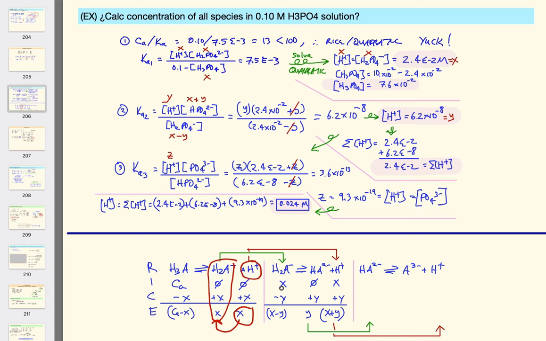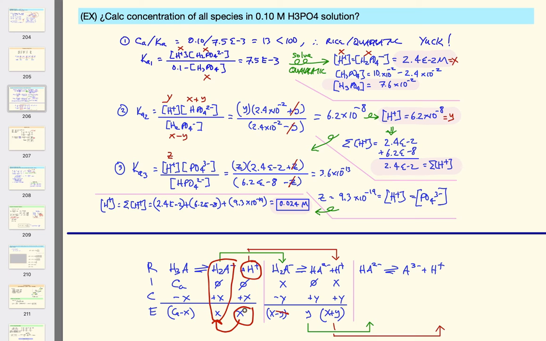Okay, now it's time for RICE equation number 2. Well, you know this species is going to give up an H plus and going to generate a second anion. How much does it lose? I don't know. So we're going to call the amount that it loses Y to differentiate it from X. So this is now X minus Y. How much H plus is going to show up? Y. So how much HA2 minus is going to show up? Y. So now what is my total H plus here?